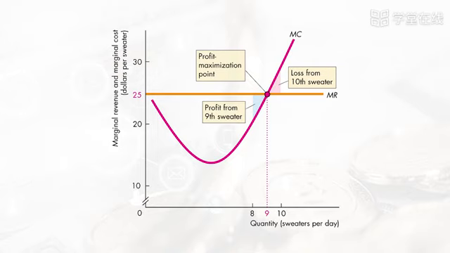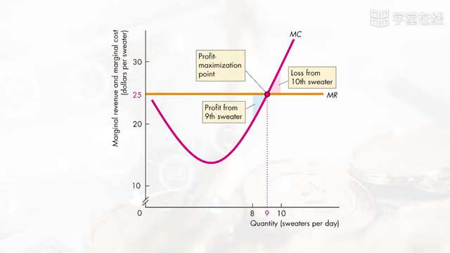However, if the output is higher than 9, MR is now less than MC. Economic profit decreases because marginal revenue is lower than marginal cost. So if a firm increases its output, it will face economic loss, and to maximize its profit, the rational choice is to decrease the output.